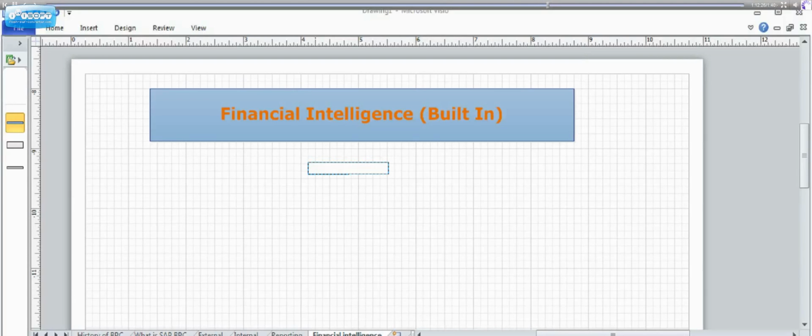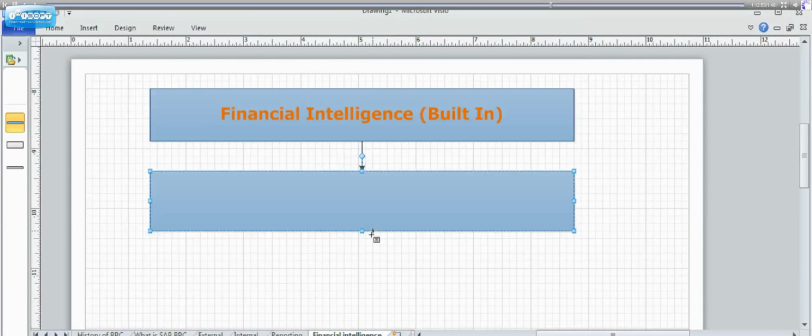So the first subject is financial intelligence. In order to ensure accuracy of financial information, the first thing that you need to do is allocate numbers. Okay, before that, let me first explain what financial intelligence is.